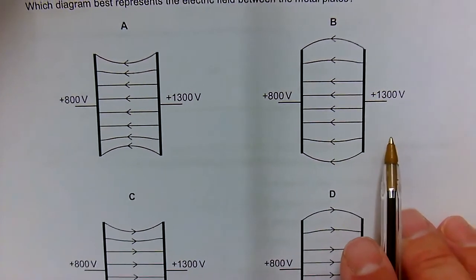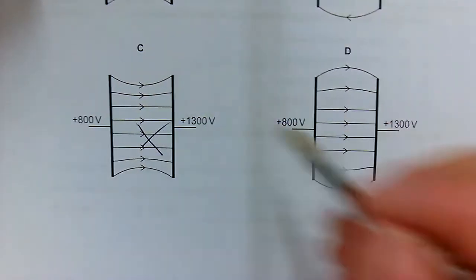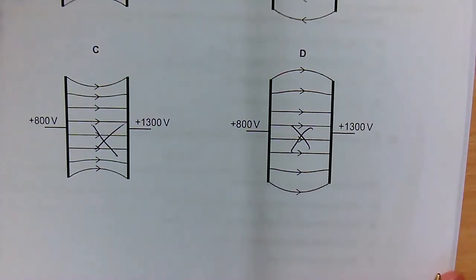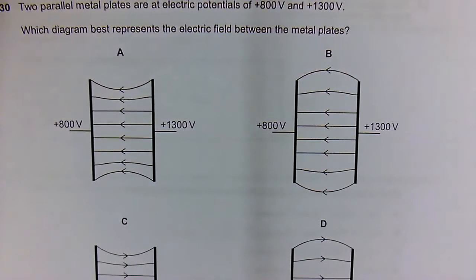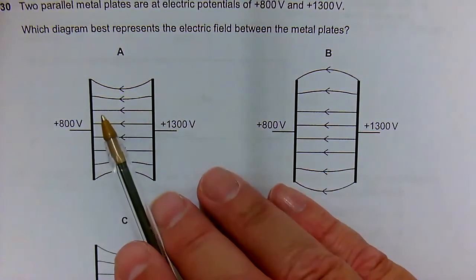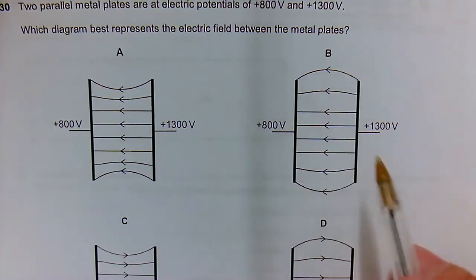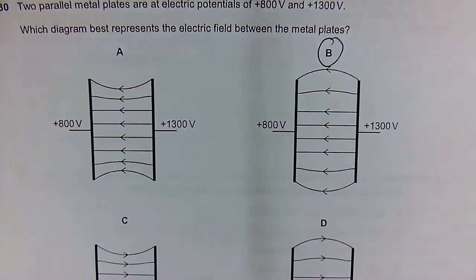It's not that one, and it's not that one, so it's either A or B. You've got it down to 50-50. If you did your revision, you'll know what shape there should be between parallel plates. Theoretically it's uniform, but in practice the field bows outwards. So B is your answer.